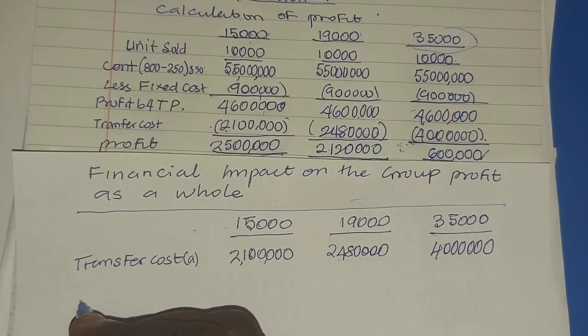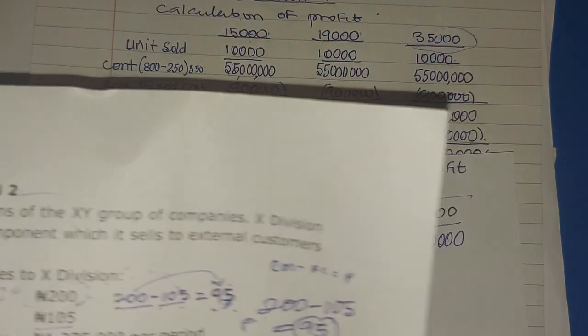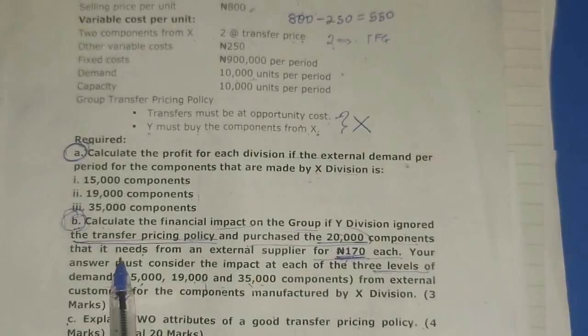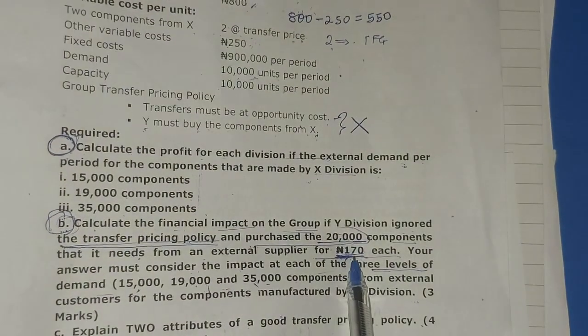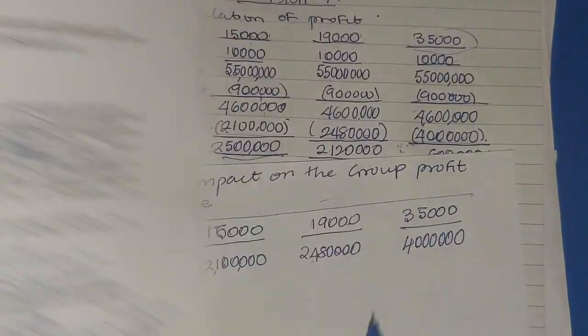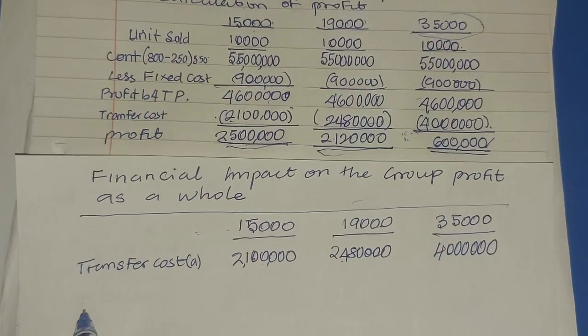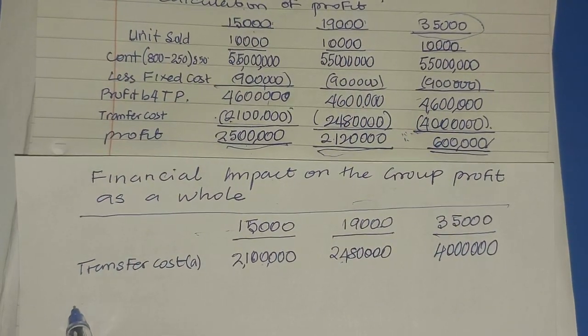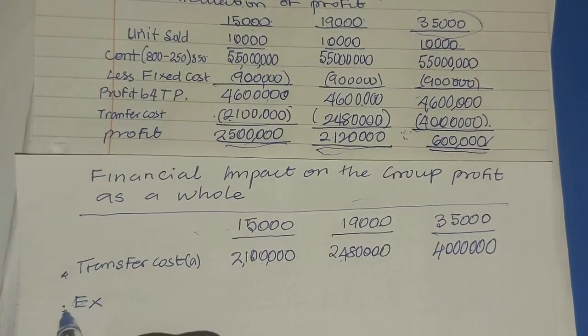the buying division would have bought that same 20,000 component for how much? 170. Don't forget, it would have bought it for 170. So let us compare the two and see the impact. You compare it with the external purchase.